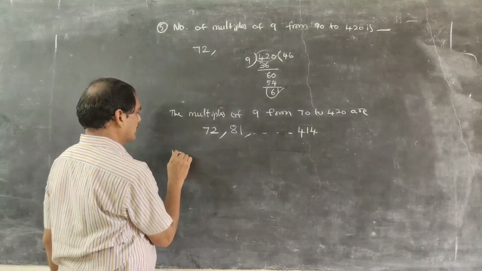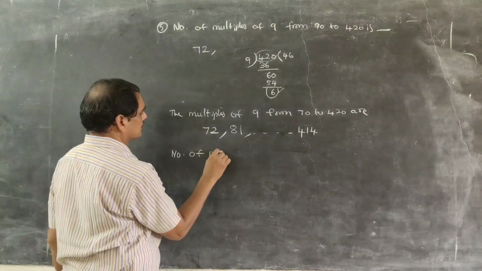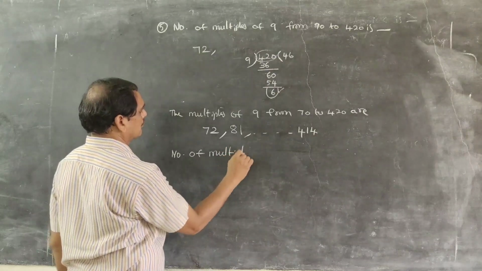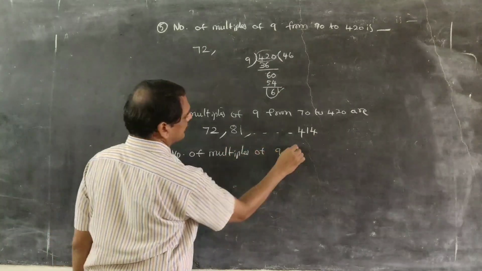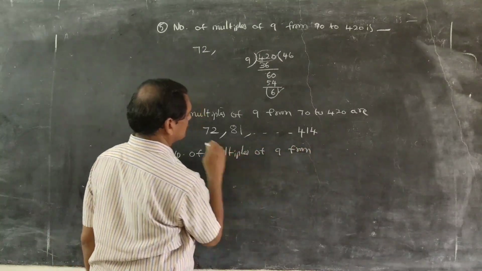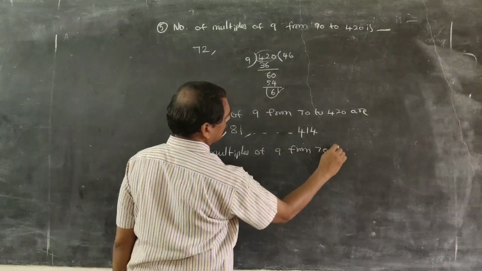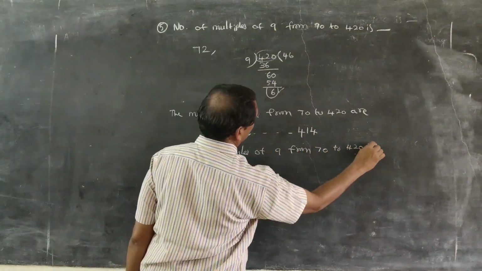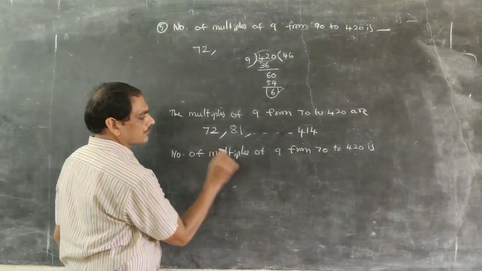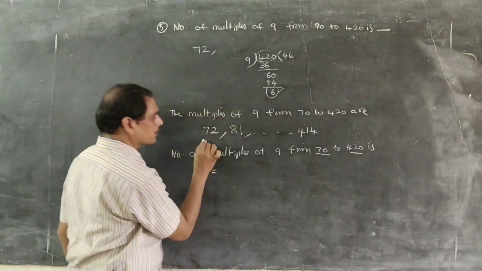Now the number of multiples of 9 from 70 to 420 is equal to, from these two numbers, the smallest and the greatest multiples of 9.